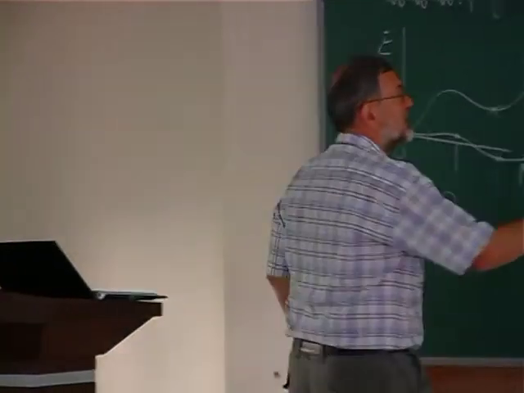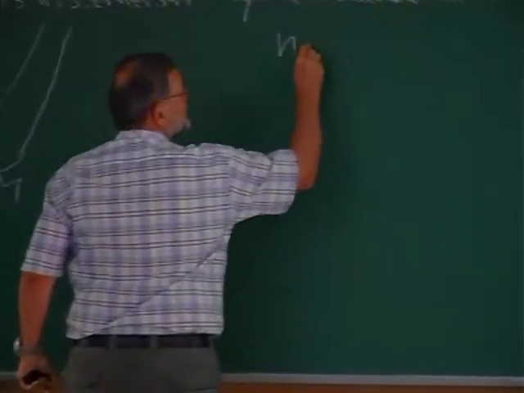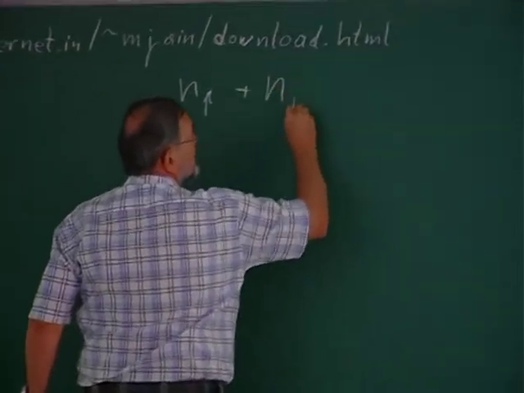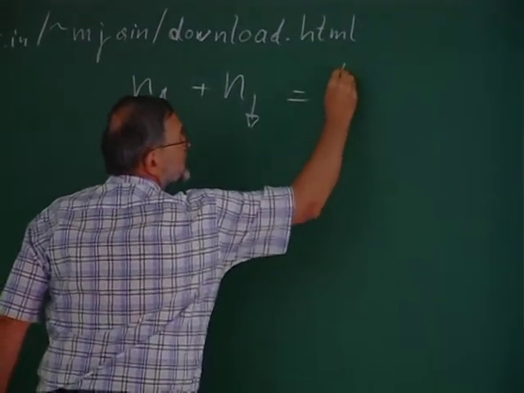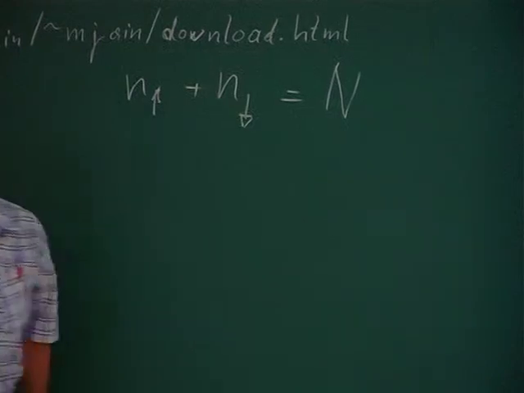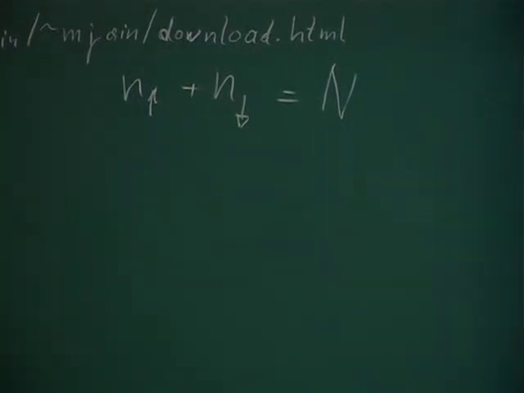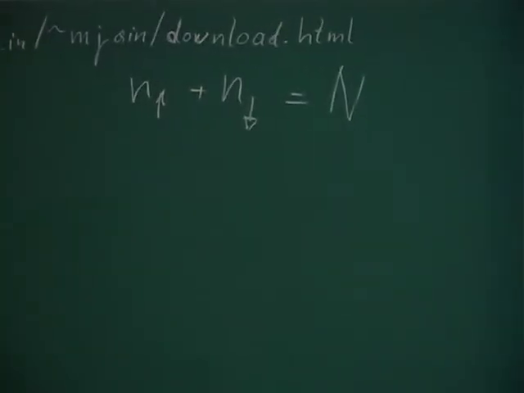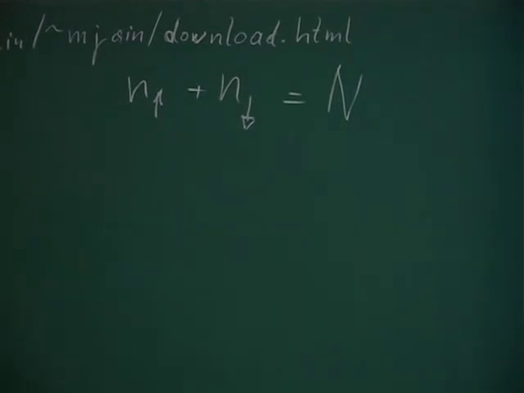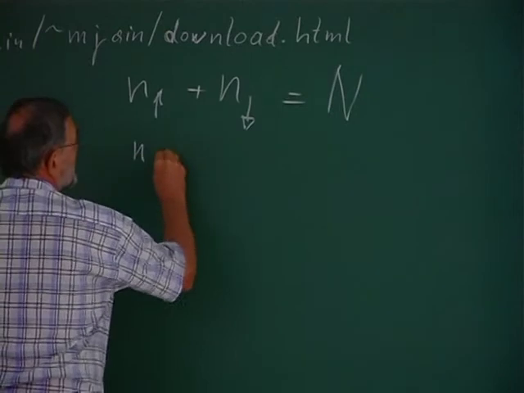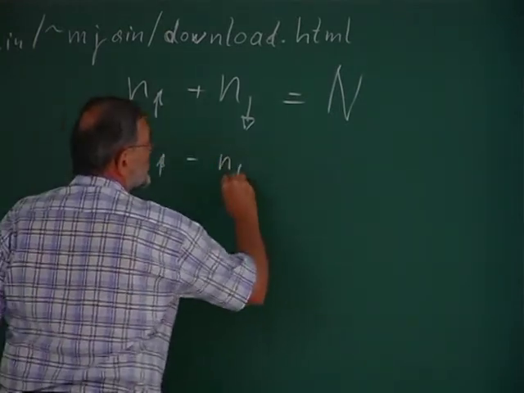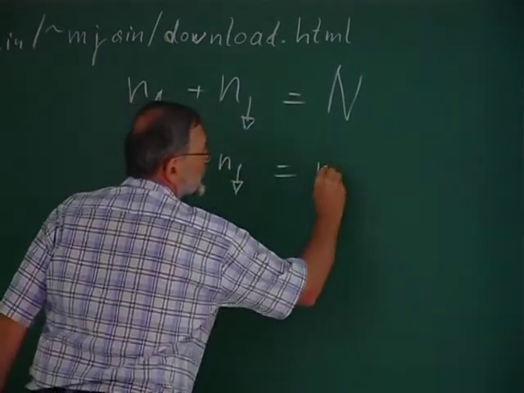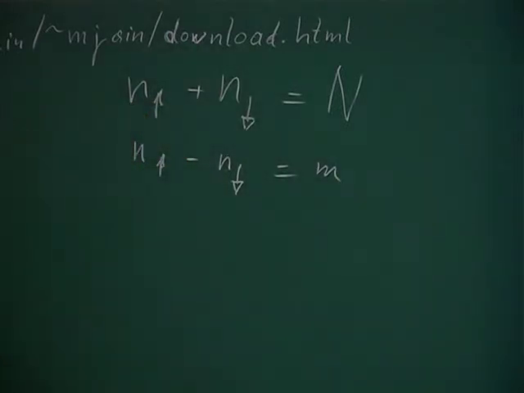So that means n up plus n down must be the total number of my electrons in my system, obviously. How do I get my magnetic moment? The difference, n up minus n down. Okay, that gives you my magnetic moment.